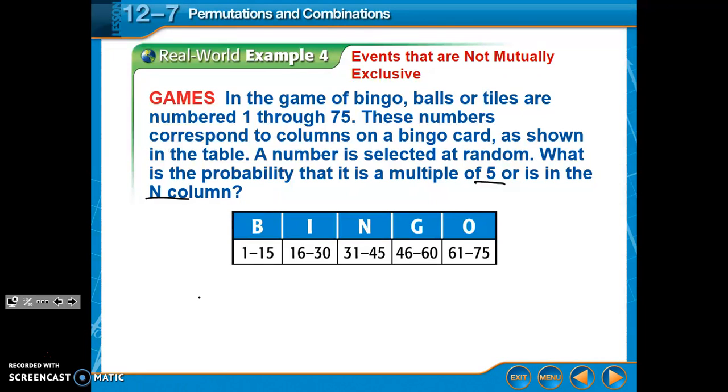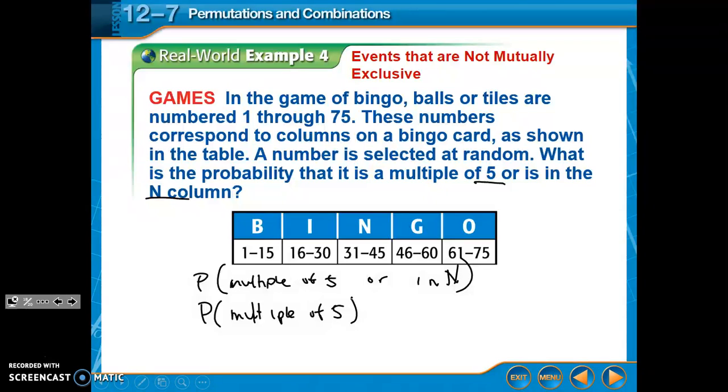So when you do this, if you're trying to find the probability of a multiple of 5 or in N, you would think that this is going to be the probability of the multiple of 5 plus the probability of being in N. But because there's an overlap, something is going to be picked twice.